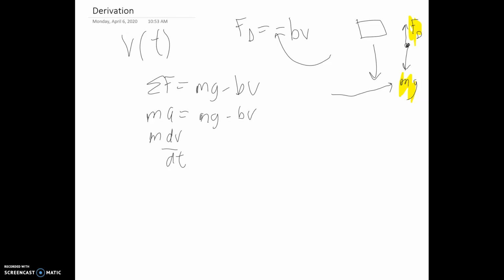At the point where the drag force equals mg, that's the fastest it's ever going to get. The speed where that happens, remember, that's the terminal velocity.